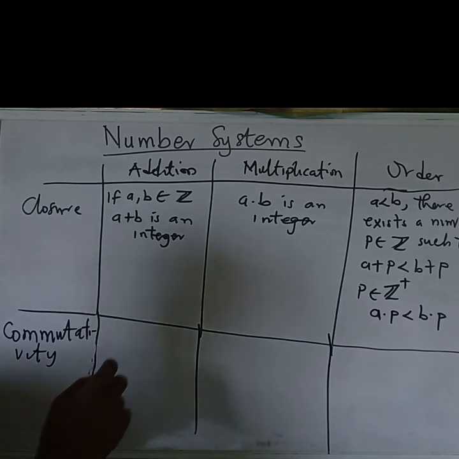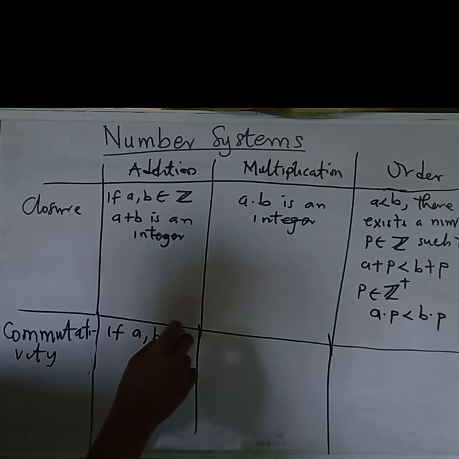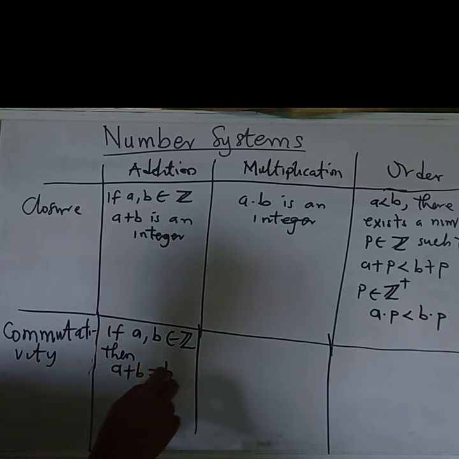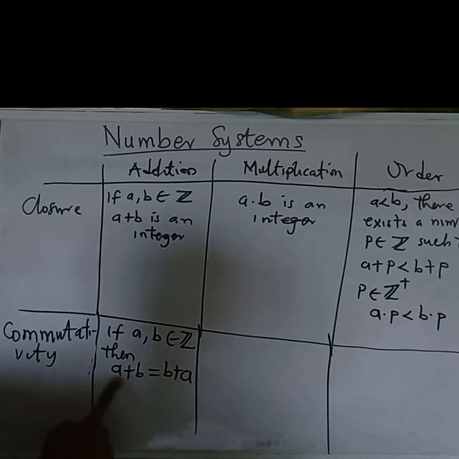If A and B are integers, then A plus B is equal to B plus A. This is what we refer to as commutativity. If you reverse A plus B as B plus A, these are the same.